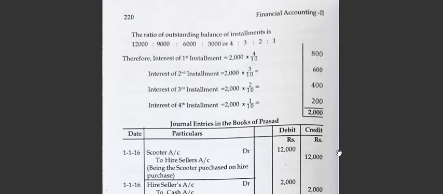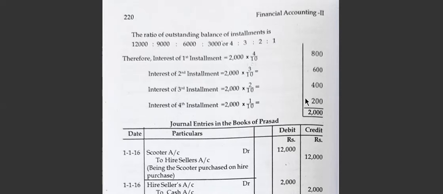Now add, you will get total interest 2,000. So this is the third case: when the rate of interest is not given, you first calculate the total interest, find out the ratios, then multiply the ratios with the total interest and find out the interest for each installment.